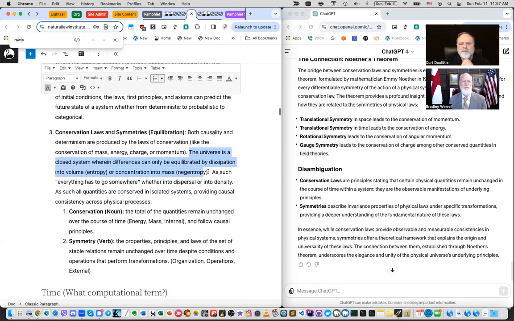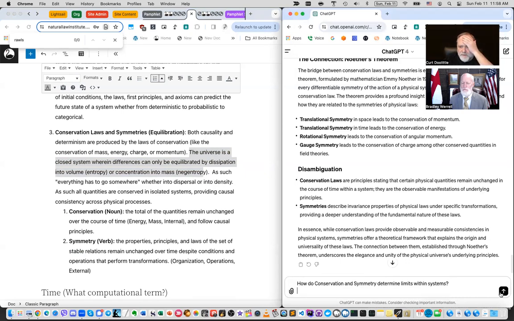So this is a kind of how do conservation, it's going to be sophisticated, and symmetry determine limits within physical systems. I'm not sure I hope it can understand what I'm asking here.